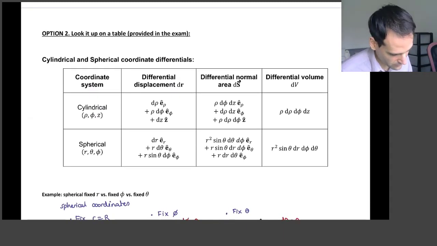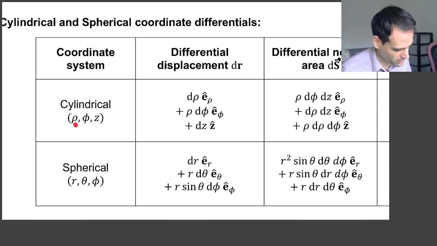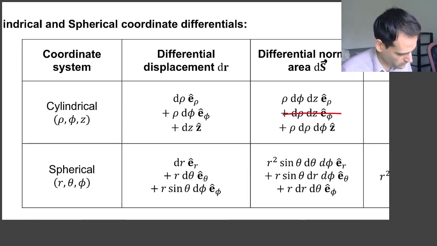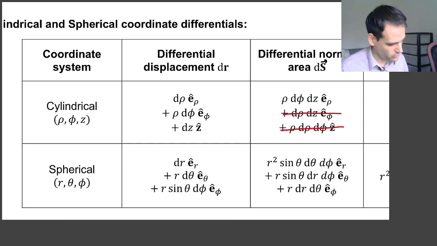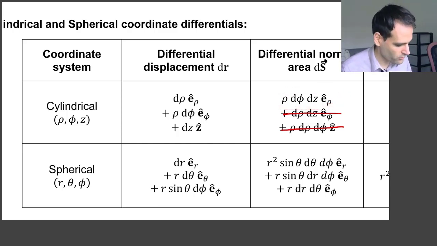We are in cylindrical coordinates and we fixed rho equals r such that d rho will go to 0. So the only term that is left is rho d phi dz times e rho hat. So this is going to be our dS.